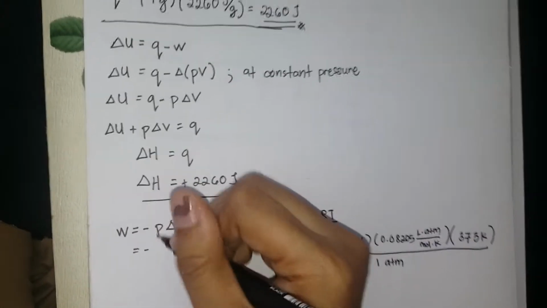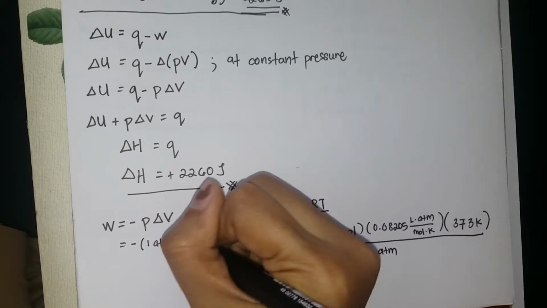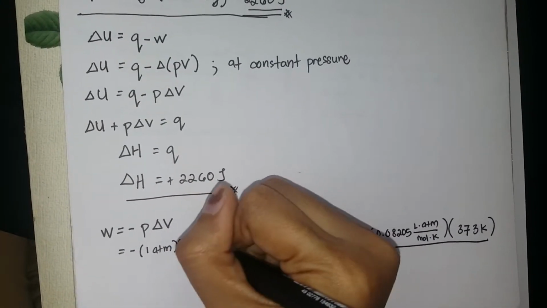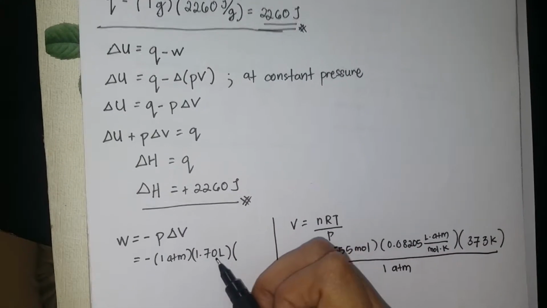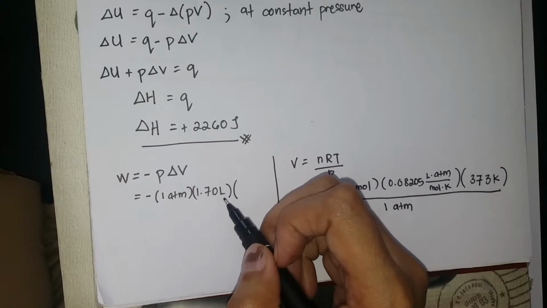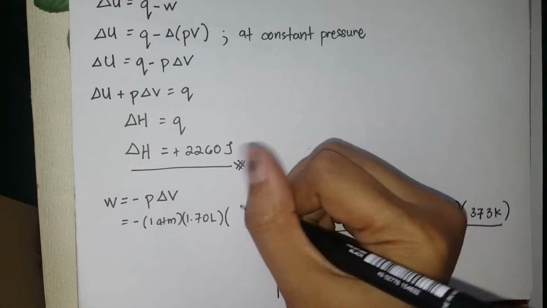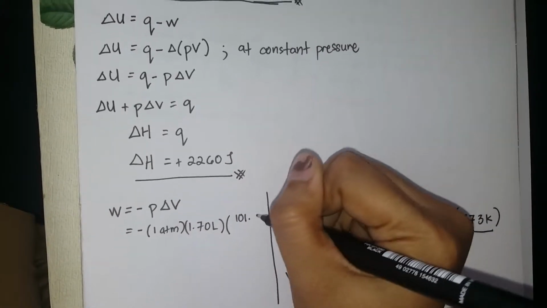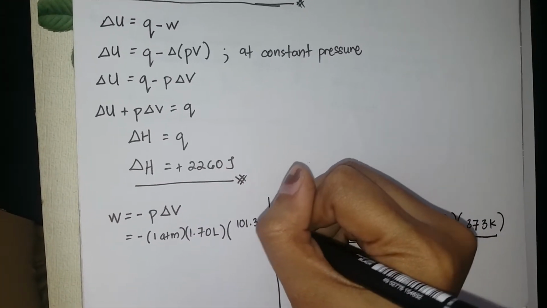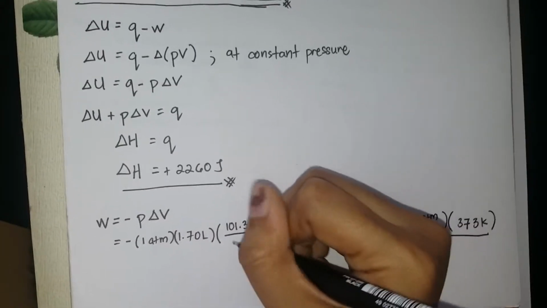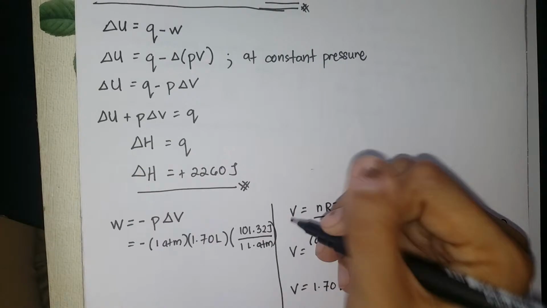Now we plug it in the equation. Pressure here is given, so it is 1 atm. The volume here is 1.70 liter. Now we're gonna convert the liter here into joules, so we're gonna multiply it with 101.32 joules per 1 liter atm.